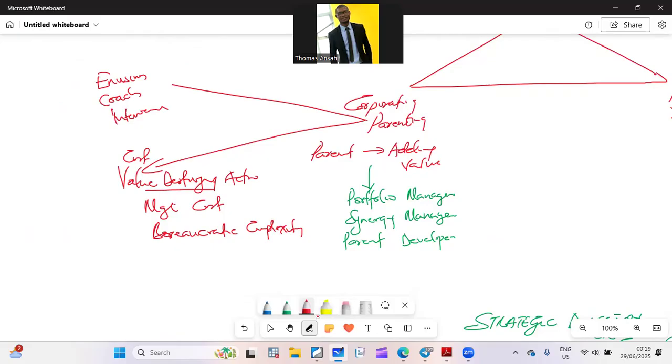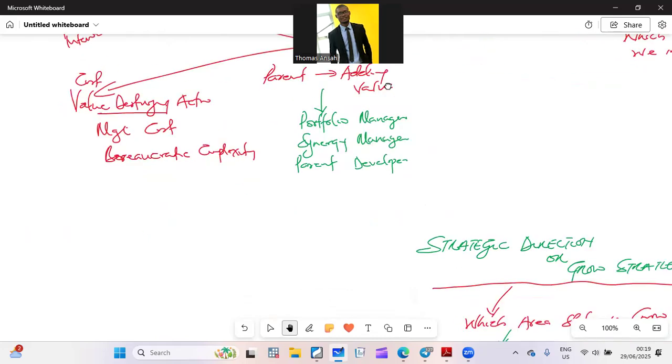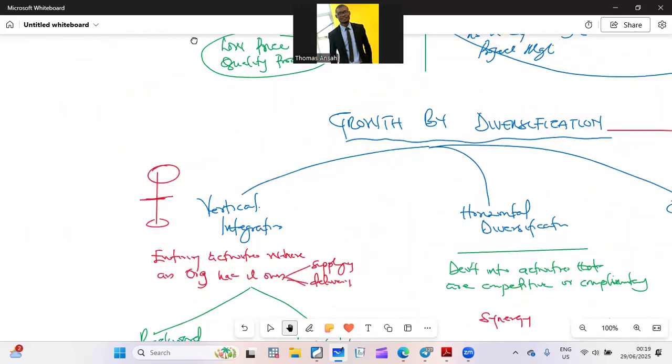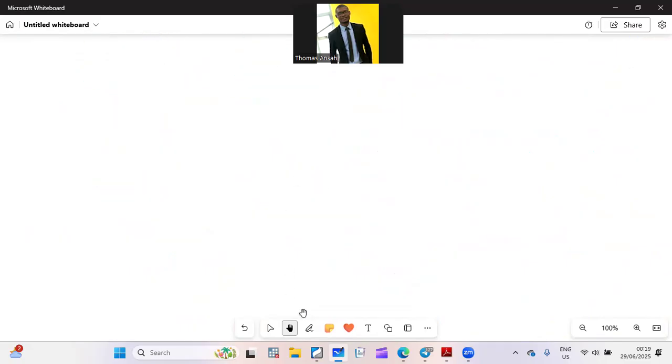So what I want to do is to discuss some corporate parenting rules. We have the portfolio manager, the synergy manager, and the parental developer. What are all those things about? Because when you are doing this diversification, you need them. How broad do you want corporate parenting to be?